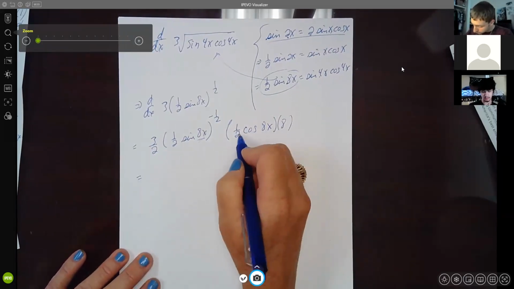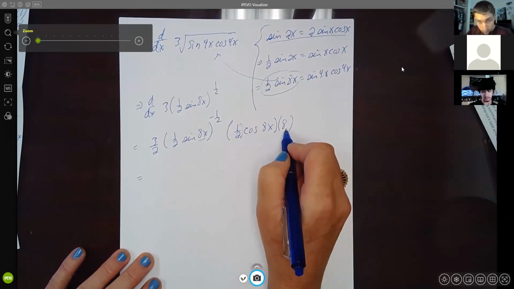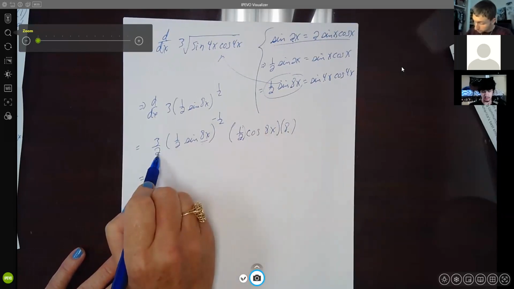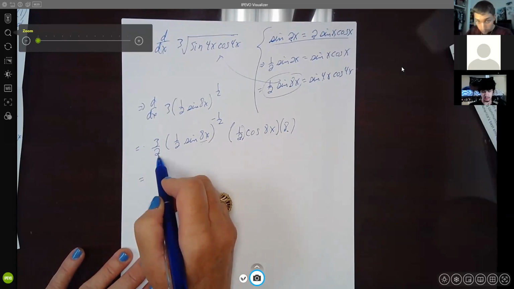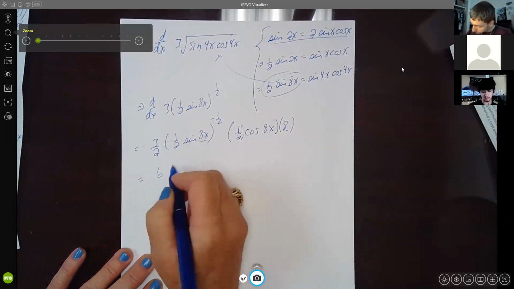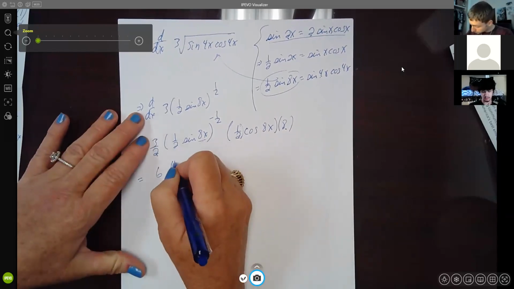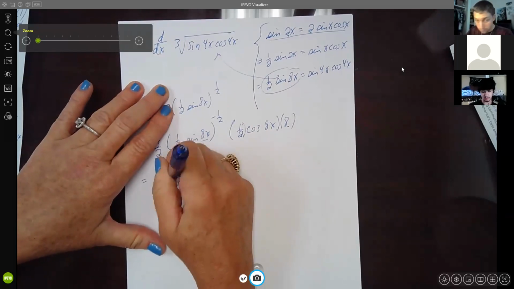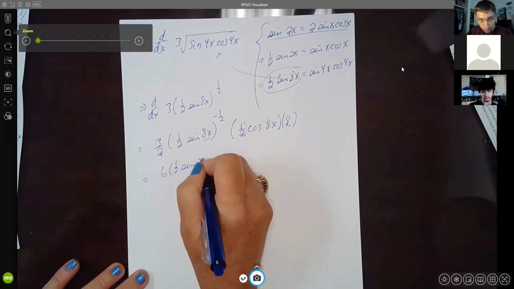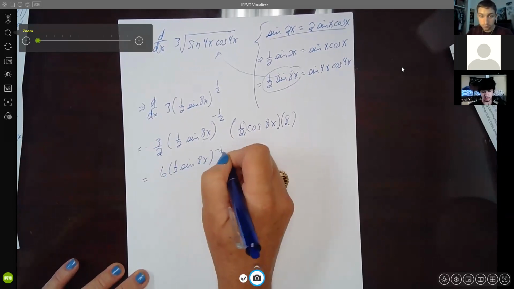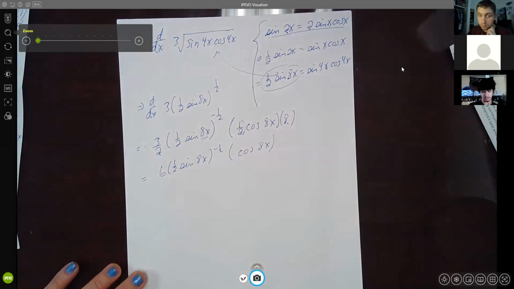Half of 8 is 4, and I can multiply that by this guy here. 4 times 3 is 12, divided by 2 is 6. So that's 6 times the parentheses 1/2 sine 8x, and I can't bring that 1/2 up because of the power, times cos 8x.